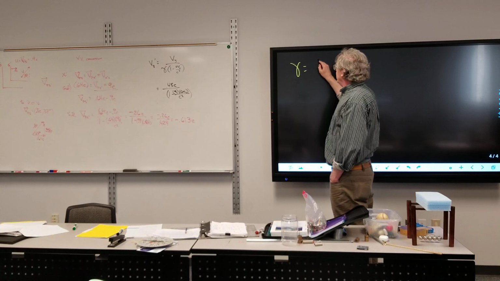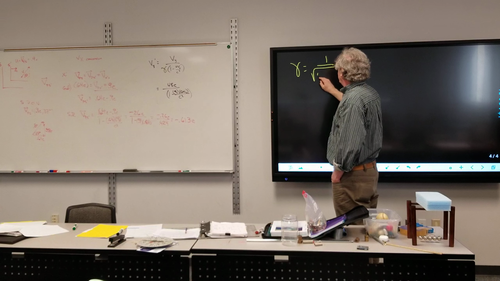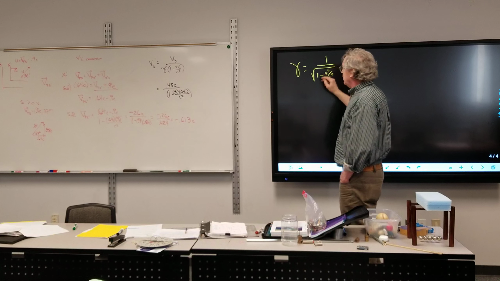Gamma, I know, is 1 over the square root of 1 minus v squared over c squared.